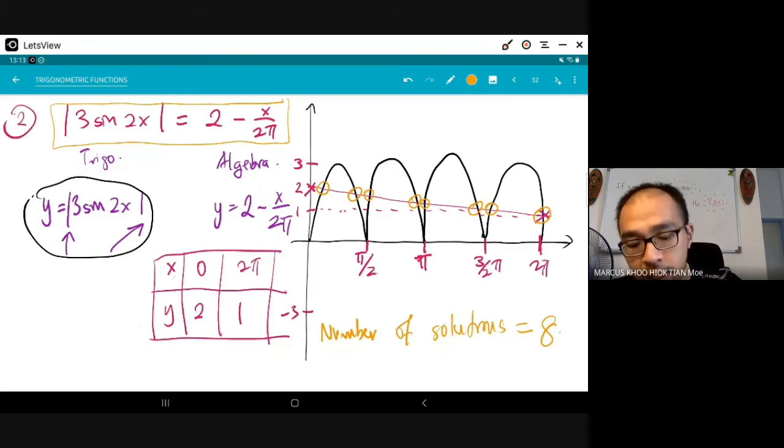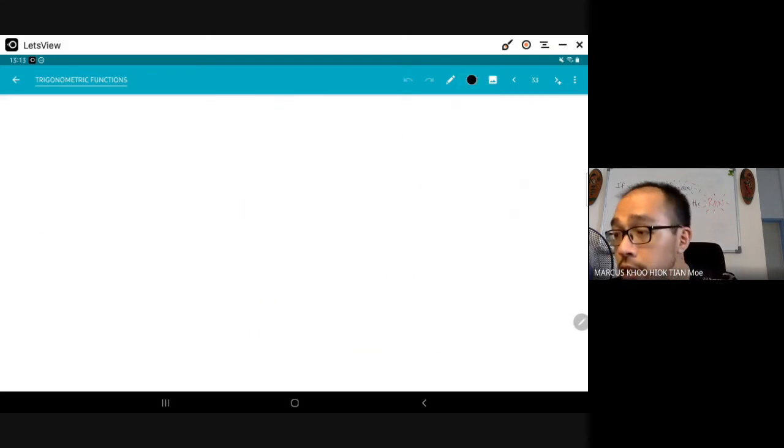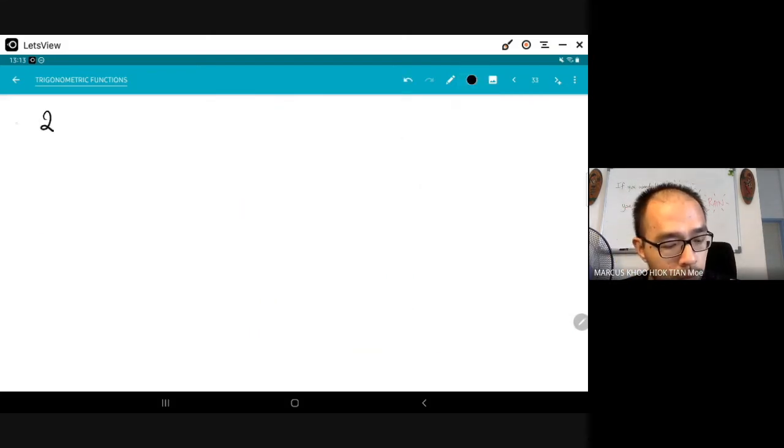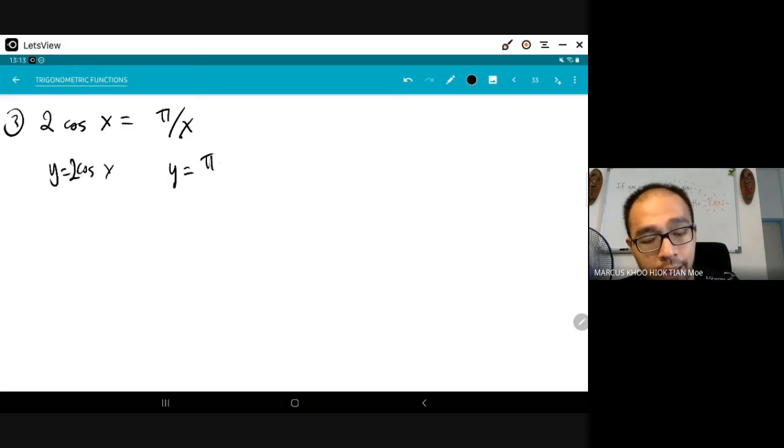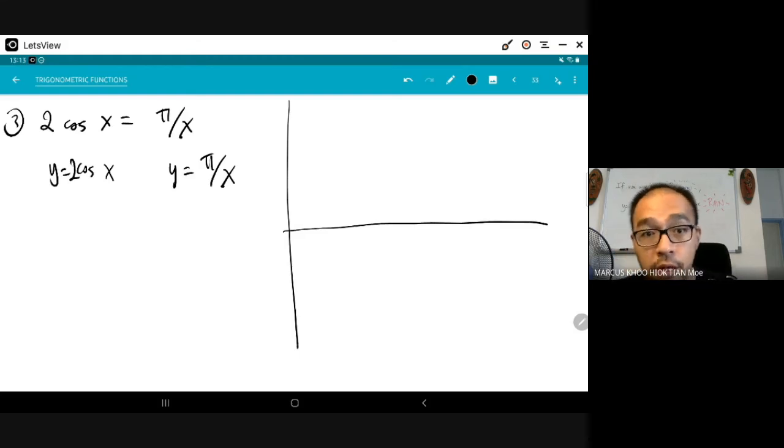Let's take a look at question number 3. Okay, so question number 3 is 2 cos x equals to pi over x. So obviously this one is y equals to 2 cos x, and this one is y equals to pi over x. Okay. Now, when we do this, we're going to have the cos graph, and it's only one cycle.